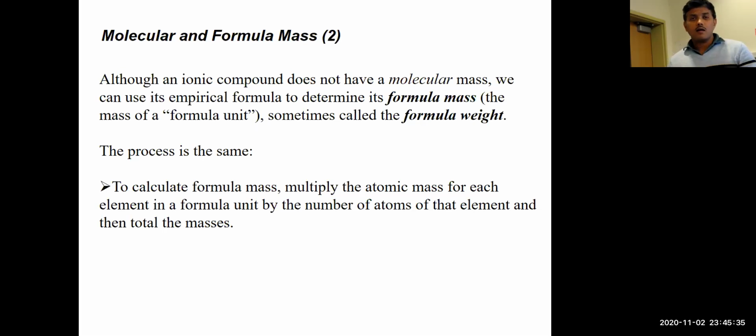For ionic compounds, we use the word formula mass or formula weight. Whenever you say formula mass or formula weight, we are specifically saying that you have an ionic compound. It's a common practice in chemistry, but the result is the same. Whether you're calculating molecular mass or formula mass, it's the same technique: you identify how many of the atoms are present, multiply by the individual atomic masses, and present the answer in atomic mass units by cumulatively collecting all the individual atomic masses.